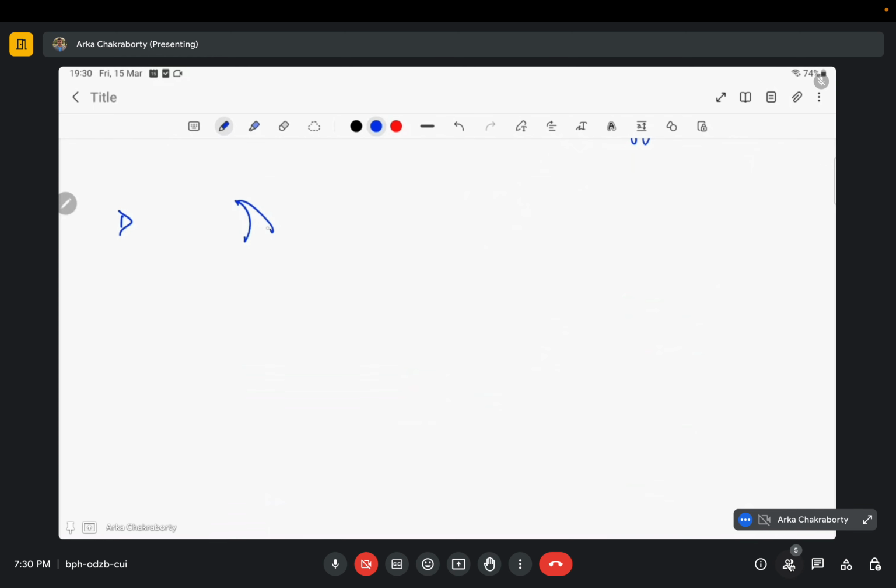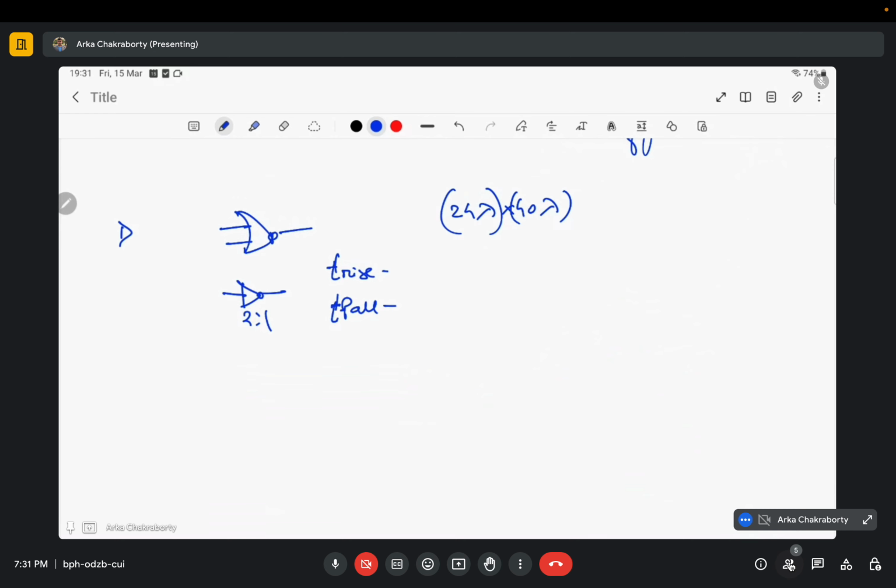Okay, 2:1. I don't remember the formulas actually. I have to see the notes that I have made.